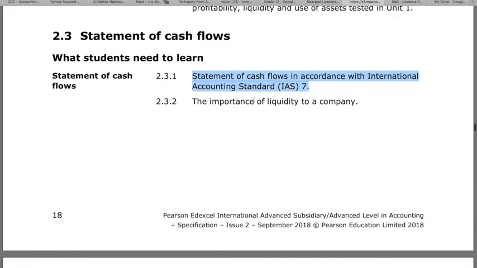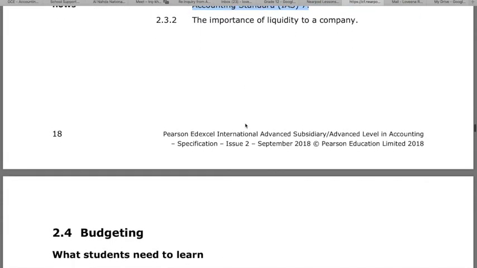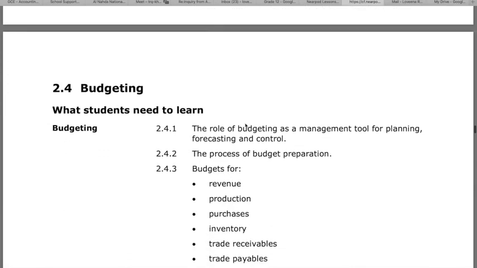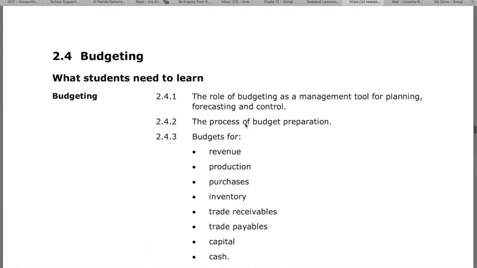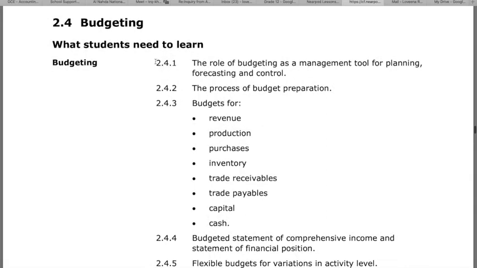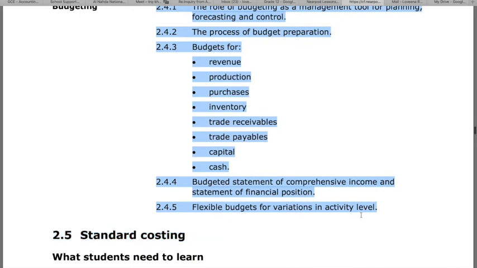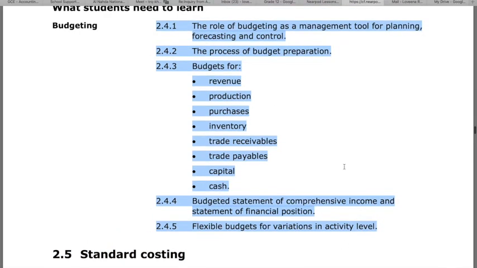This is the format you'll be following. When we deal with this chapter, it's quite tedious, that one. There is a format and you have to memorize the format. Then we have the budgeting. This is pure common sense, but there's just one aspect for it which is a little different, and that is flexing of the budget.